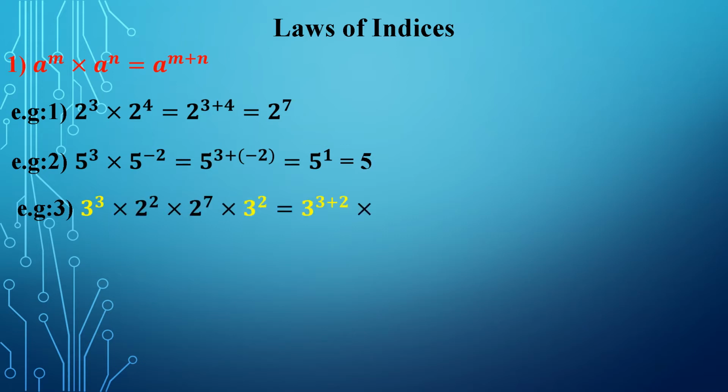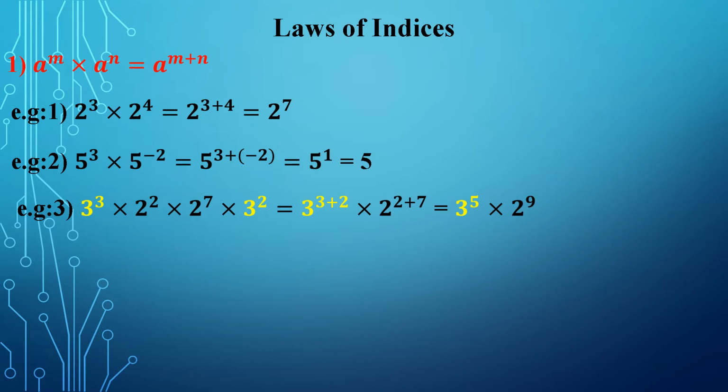One more example. Here we are taking a combination of two different bases. You can see two numbers are in yellow and two numbers are in black. All four are in product. So we will group them according to the same base. 3 raised to 3 and 3 raised to 2 have common base 3. Hence that will give us 3 raised to 3 plus 2.